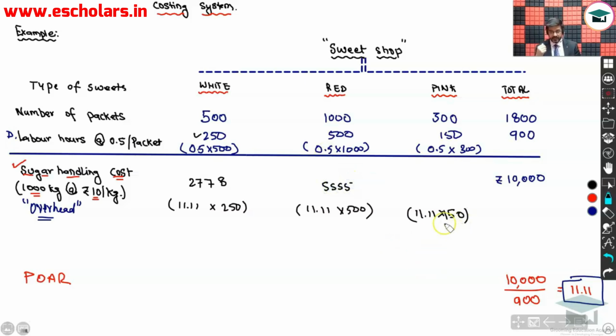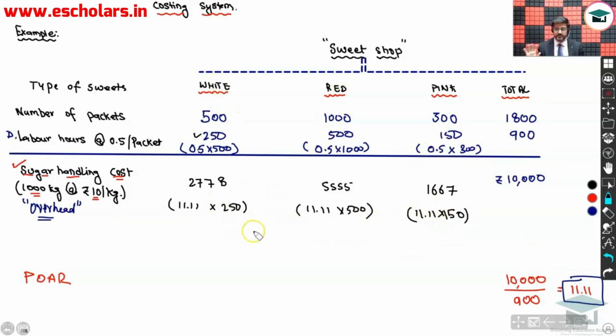And how much for sweet pink? 11.11 into 150, so that is coming to 1667, after rounding it off. So you can just take the total of these three, it should be 10,000. Yes, that's coming to 10,000. So this is done. We have done the absorption over our different products.